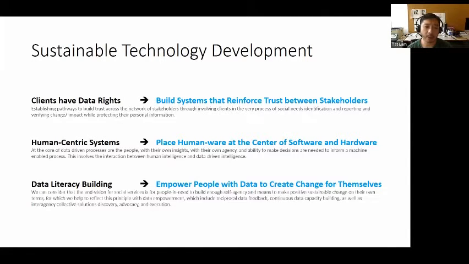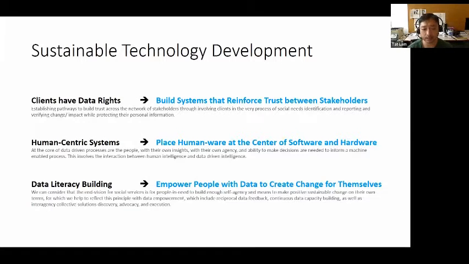The second one is about human centric, because a lot of the software and hardware from the technology side is quite ready. But how can we design those experiences so that the beneficiaries, especially the grassroots communities, are able to engage? And the last one is about data literacy building.